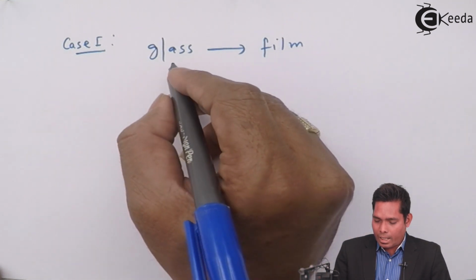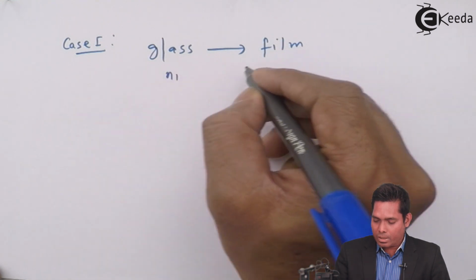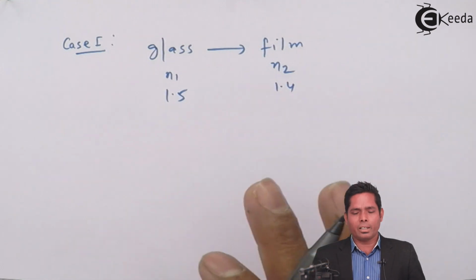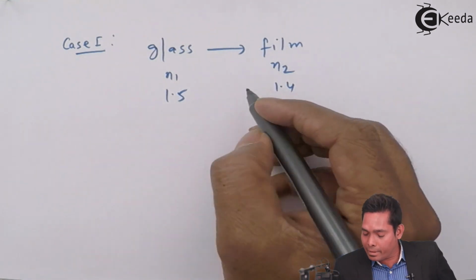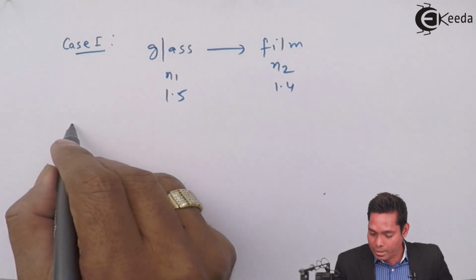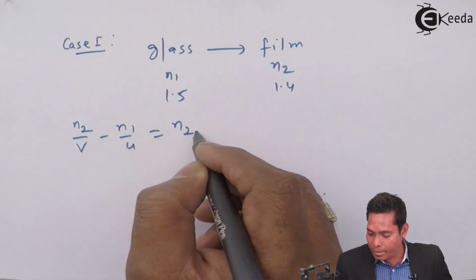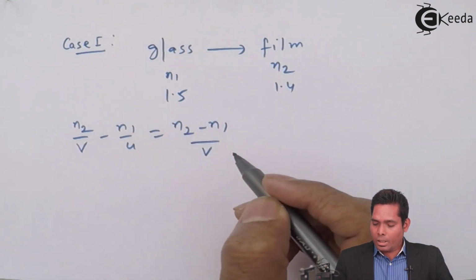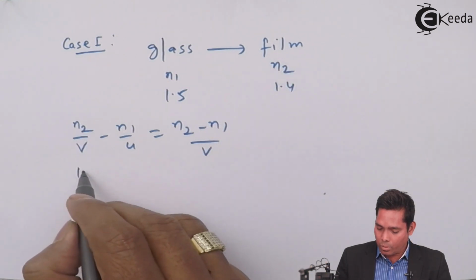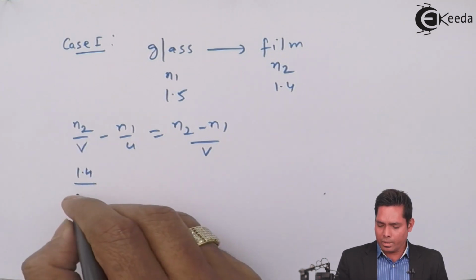So here the glass I'll consider as N1, this as N2, this is 1.5, this is 1.4. This way if you write there is no confusion. So I'll write N2 by V minus N1 by U equals N2 minus N1 by R. In this situation, N2 is 1.4 divided by V. The V is the image that is formed, which I don't know, I'll consider V only.